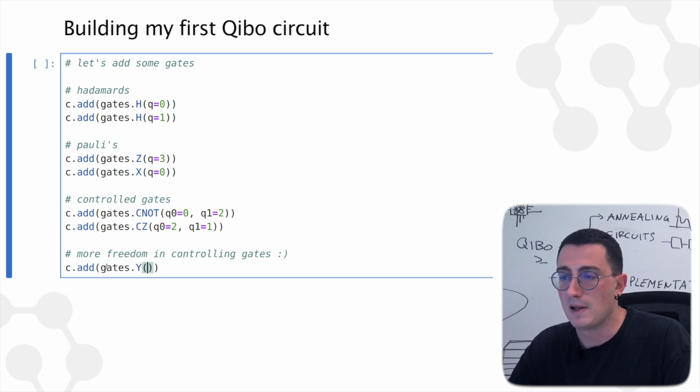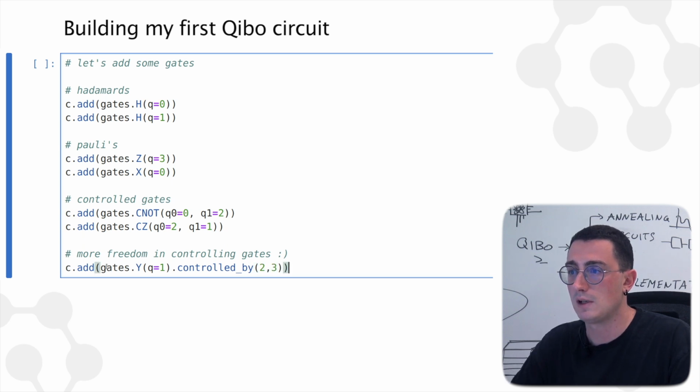So in this case, we are applying a Y gate to the qubit number 1. And then you set controlled_by, and you can list the qubits you want to be the control qubits of the gate. So for example, 2 and 3 and 0, let's say.